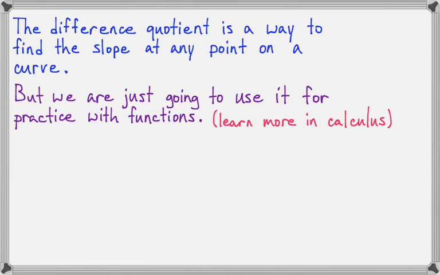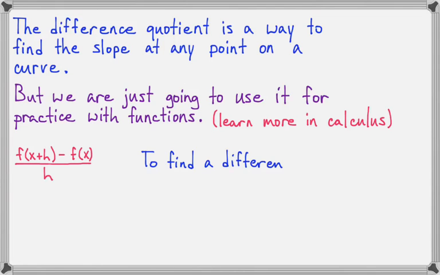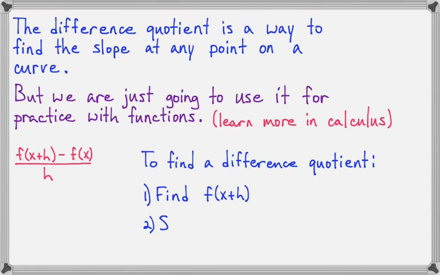You will see this again in calculus. If you go into calculus or business calculus, you will see the difference quotient again. It plays a big role in Calculus 1. Now, here's the difference quotient one more time, and here are the steps that you're going to use to find a difference quotient. Step 1, find f of x plus h.